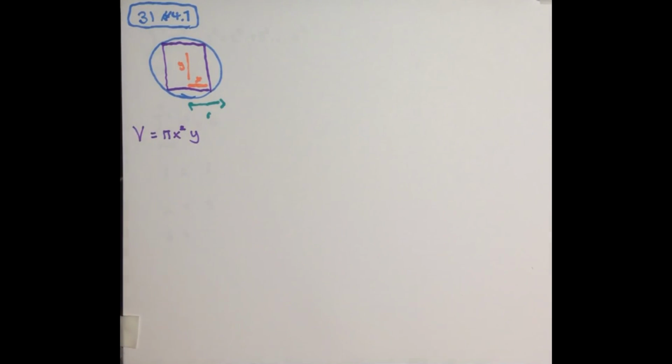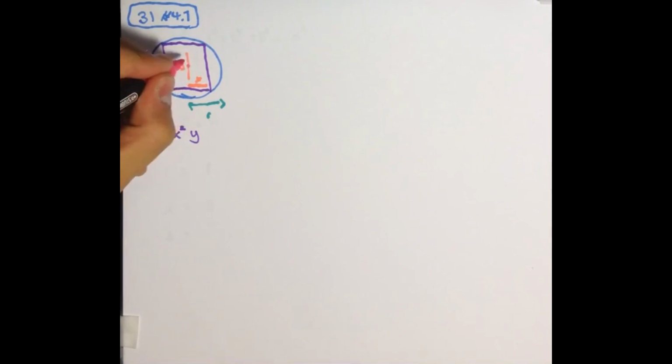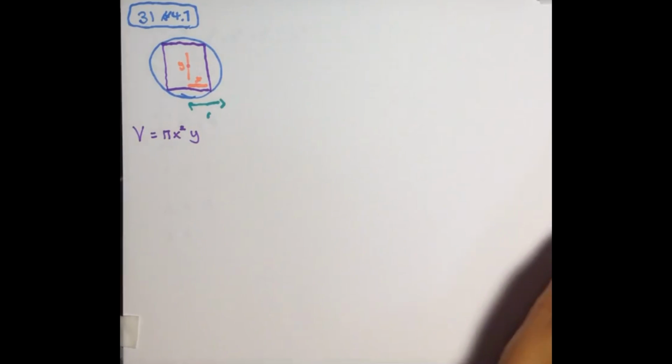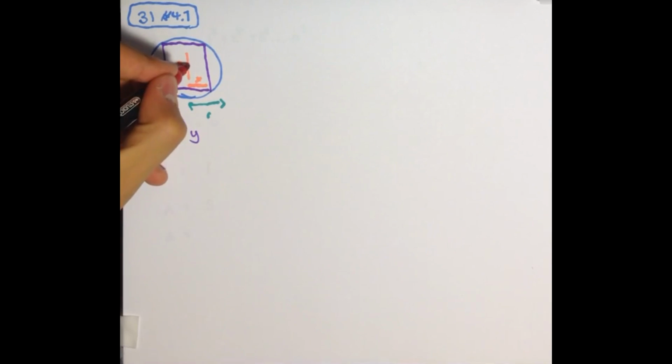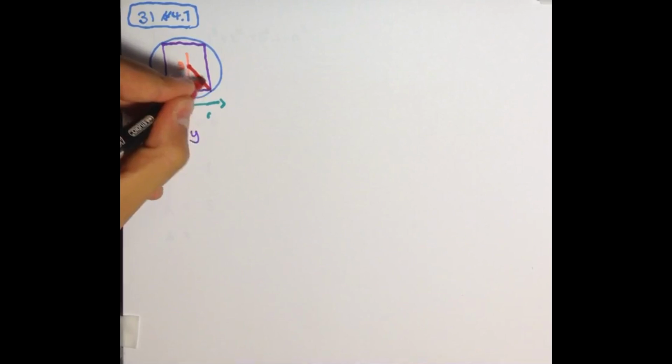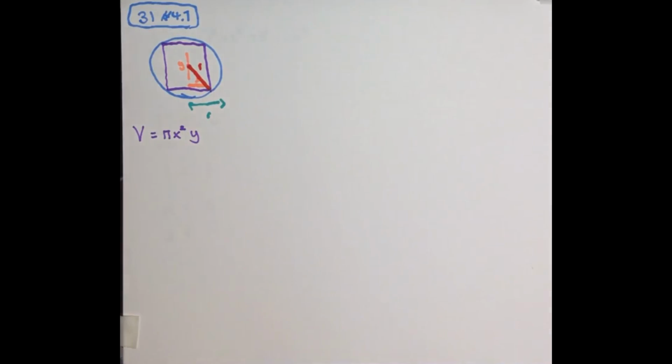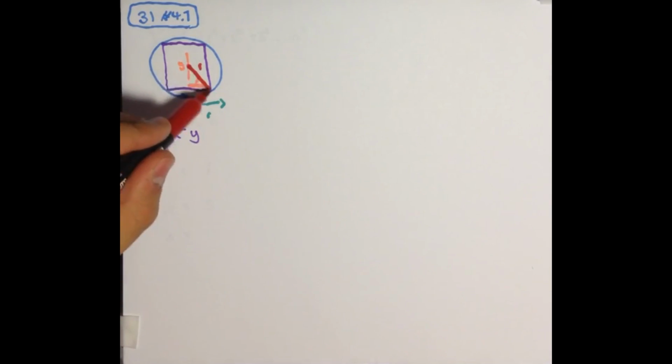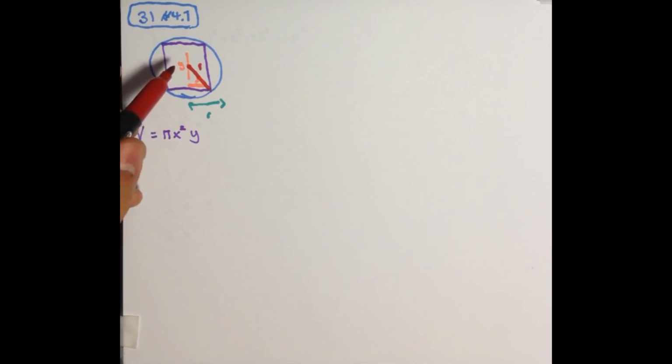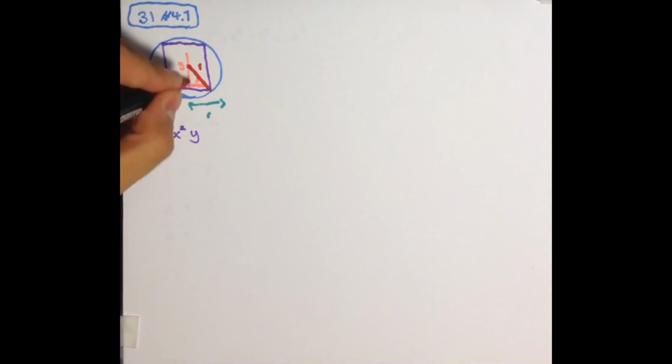And so remember that any point from the center of the circle to the outside edge is the radius, right? So from here until the outside edge is r. Well, then we can pull out this right triangle. We know that the hypotenuse will be r, the radius of the sphere. The height will be y divided by 2.